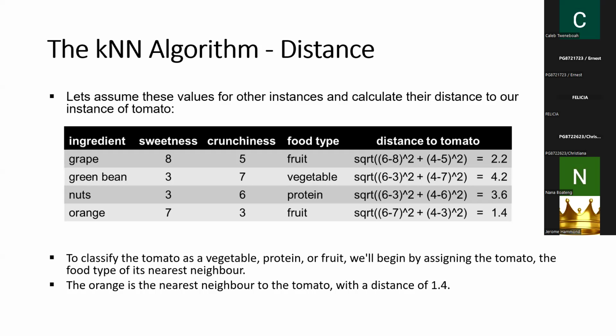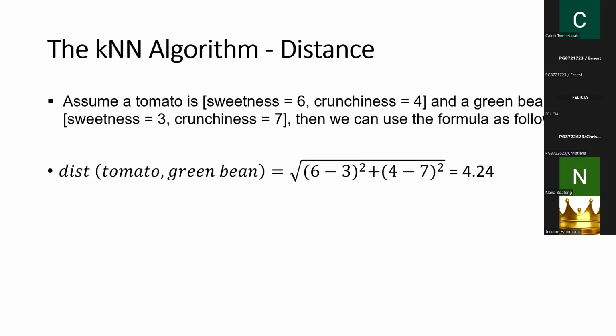You've been given information about the sweetness and the crunchiness. We looked at green bean earlier on, that is 3 and 7, remember. If you want to find the distance between each of the ingredients and tomatoes, remember that the sweetness of tomato is 6, and the crunchiness of tomato is 4. So that's what we have here.